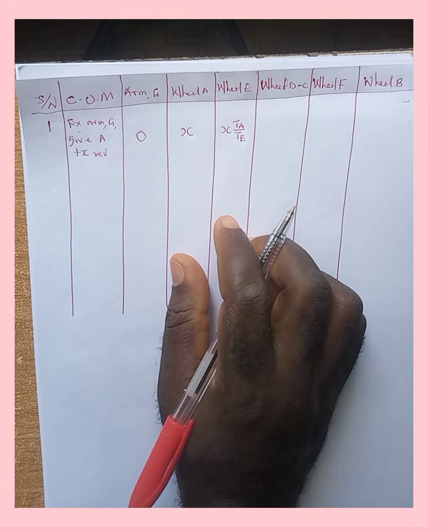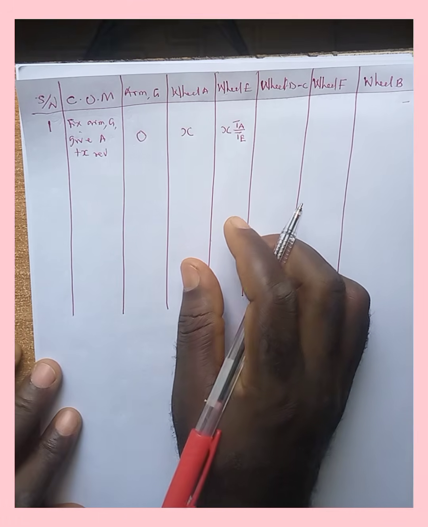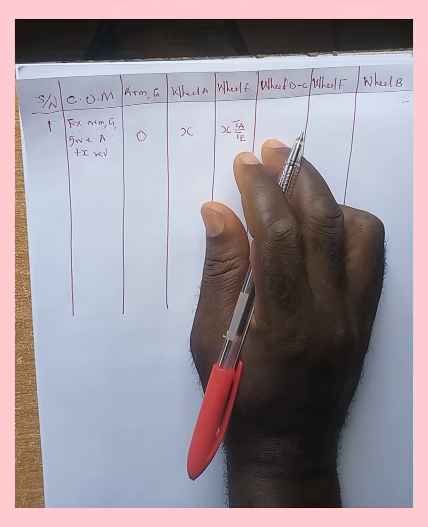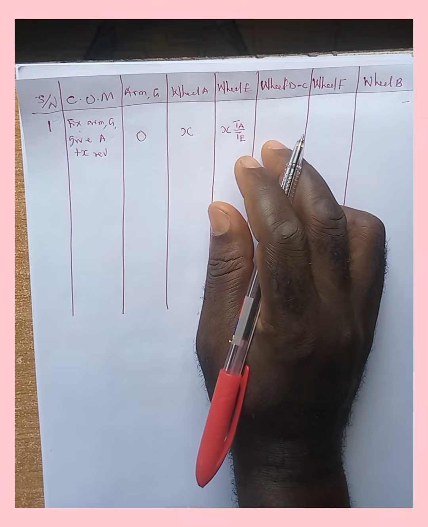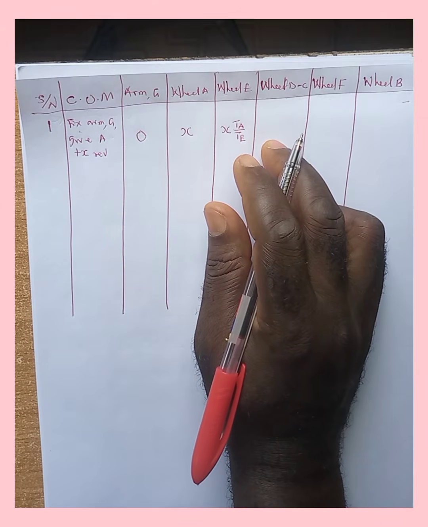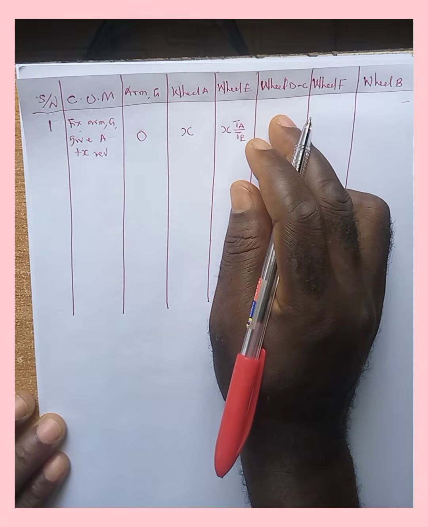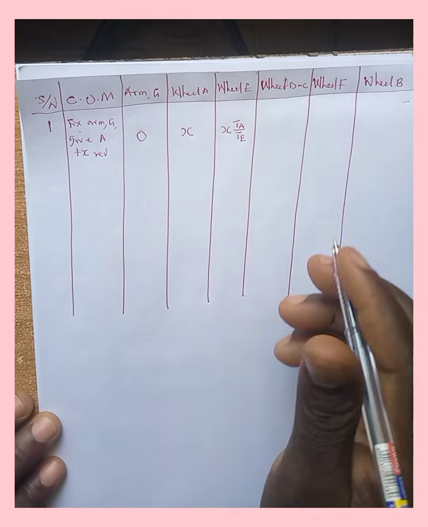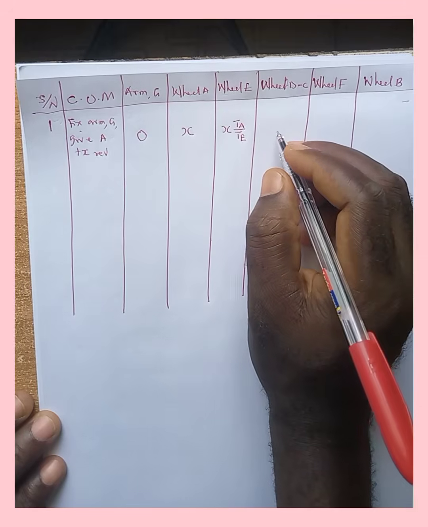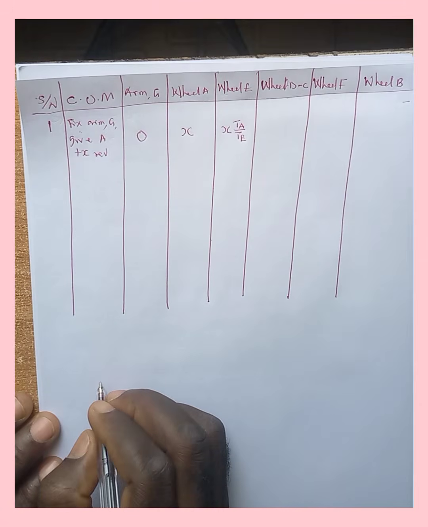Then after this, we now consider wheel DC. We know that it is wheel E that drives DC. So how do we know the speed of wheel DC? Now, E is the driver, C is the driven.